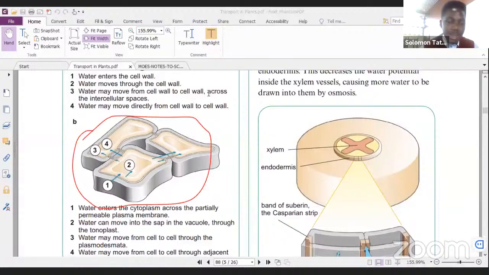So symplast, vacuolar, sometimes they work interchangeably to make sure that the water gets to where it's going to get. Remember, all these are theories on how water moves in from the root hair cells to the xylem vessel and tracheids.